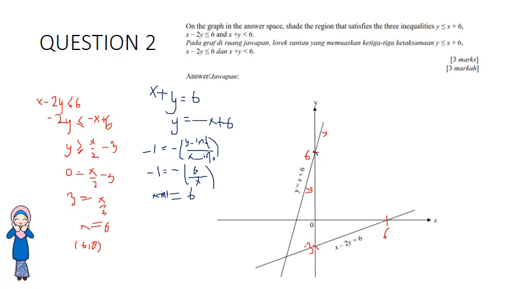So that's why here we can draw the line. Make sure you use your ruler properly. You draw the straight line. So we need to have the region y less than negative x plus 6. So the region is actually below the line.